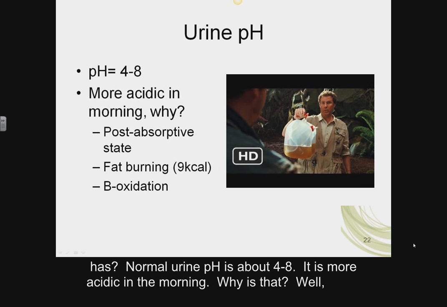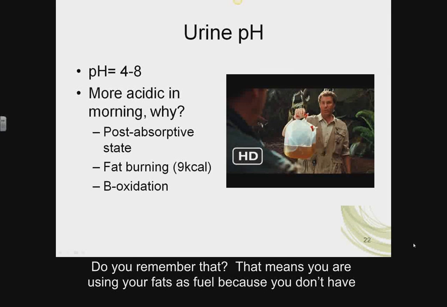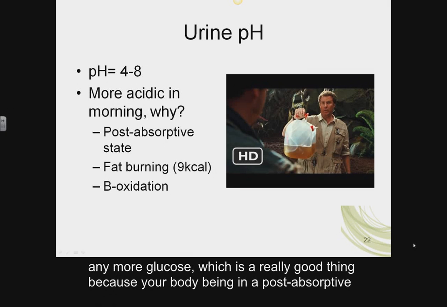Why is that? Well, when you have been sleeping all night long, your body has gone into the post-absorptive state. Do you remember that? That means you are using your fats as fuel because you don't have any more glucose, which is a really good thing because your body being in a post-absorptive state means that you will glucose spare, right? Glucose sparing. You are sparing it for your brain. Your brain is still very, very active when you are asleep.